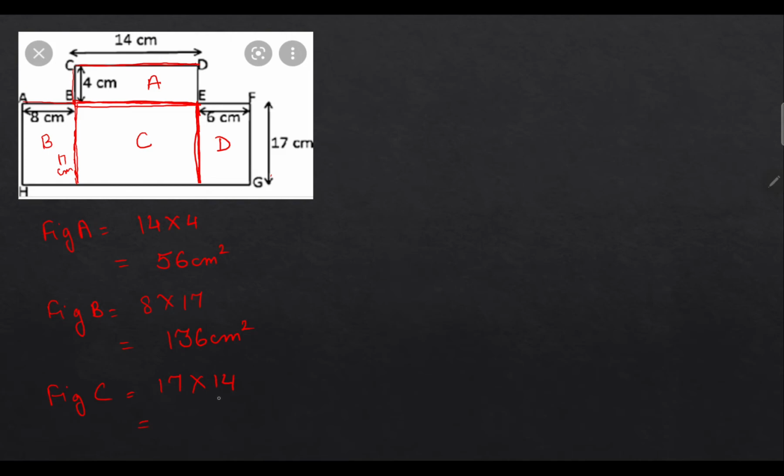You will multiply 17 with 14. The answer will be 238 centimeter square. At the last, I will find out figure D. Figure D is 17 into 6, which means 102 centimeter square.